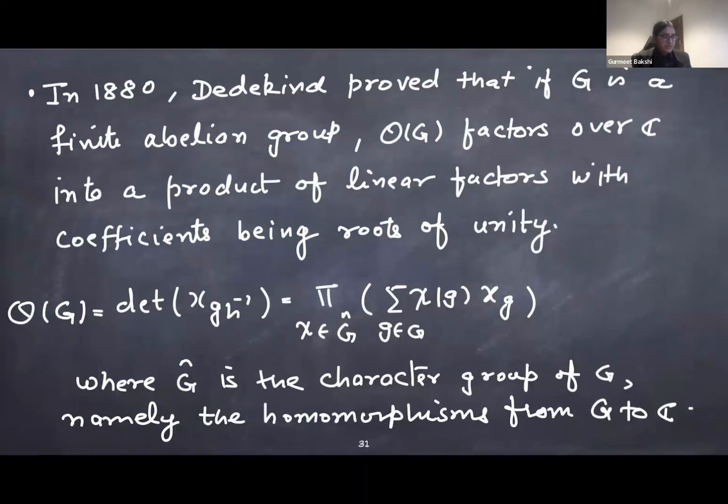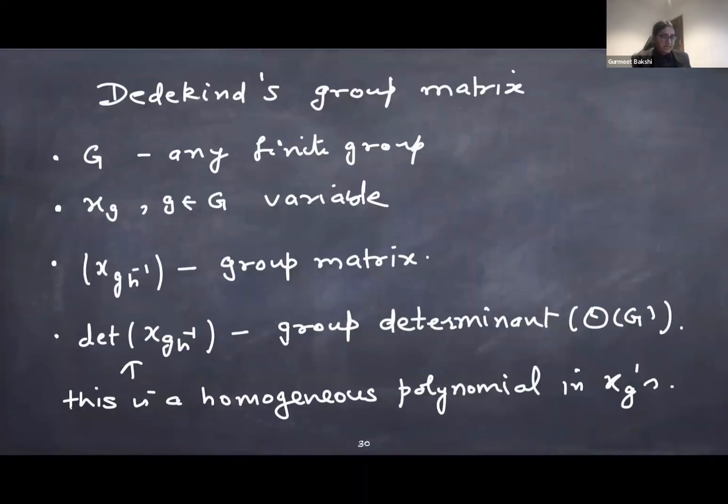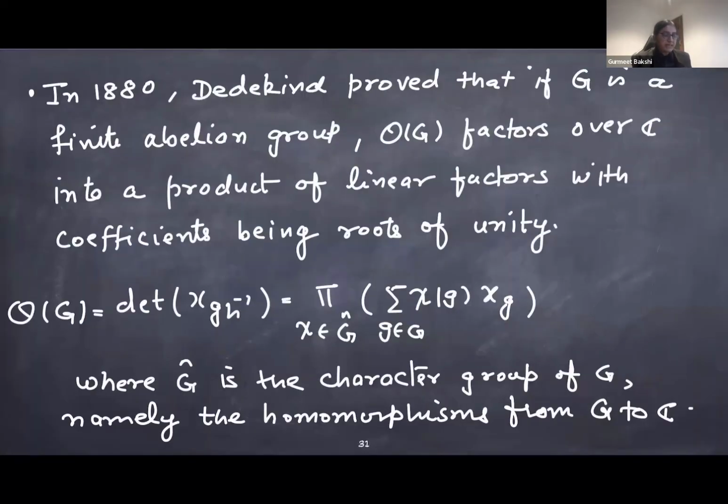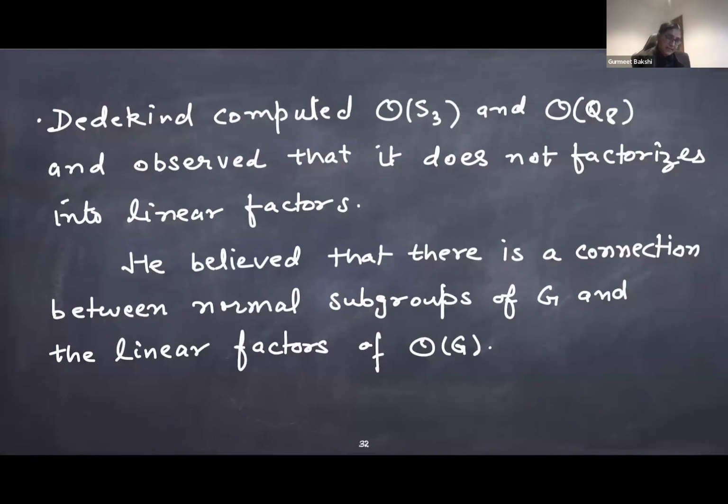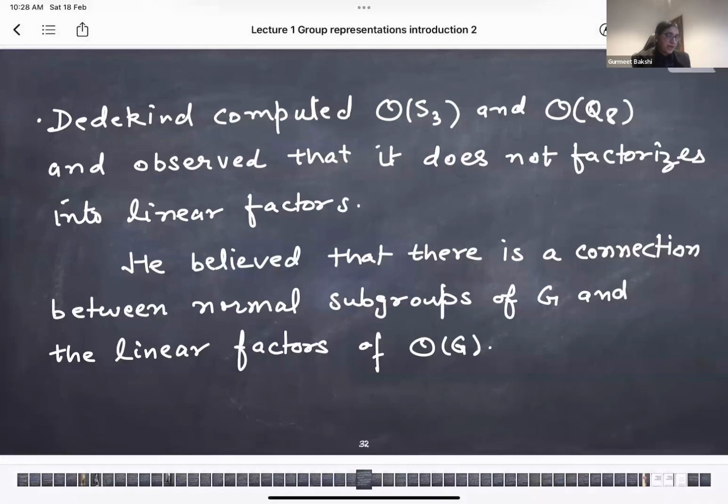Dedekind proved that if G is an abelian group, then this theta G factors into linear factors, similar to the factorization of the circulant matrices. He also computed it for the non-abelian groups S3 and Q8, and what he observed was that the factorization of the group determinant is not always into linear factors.